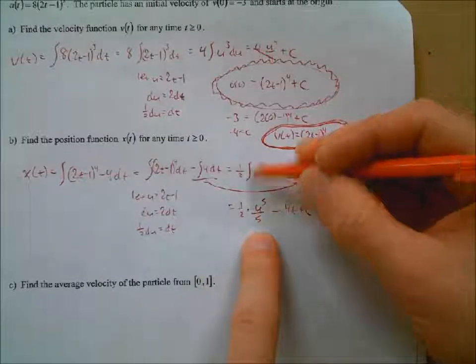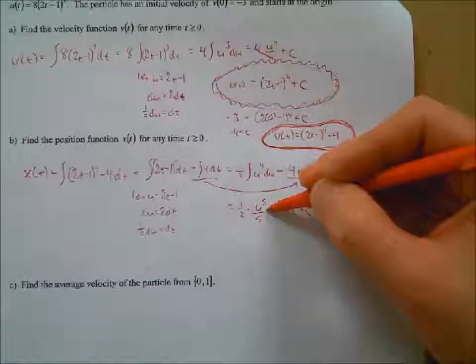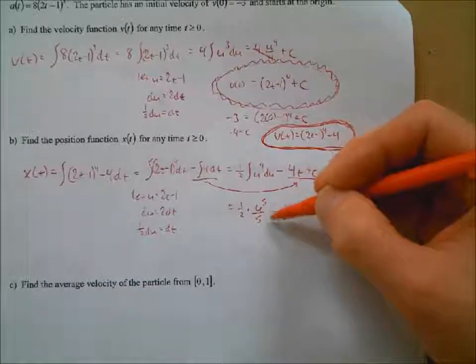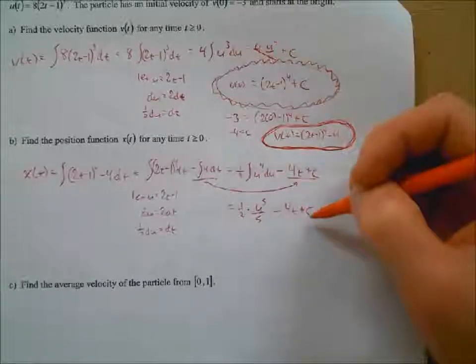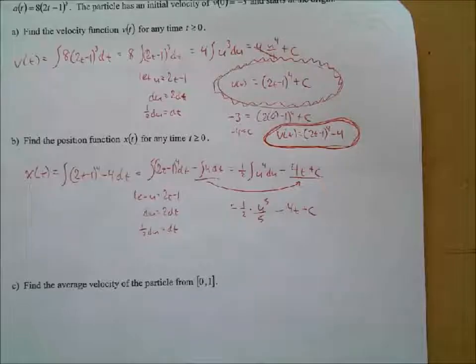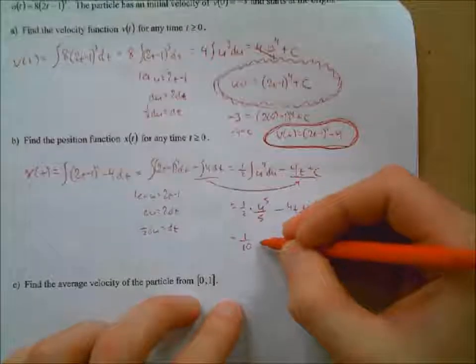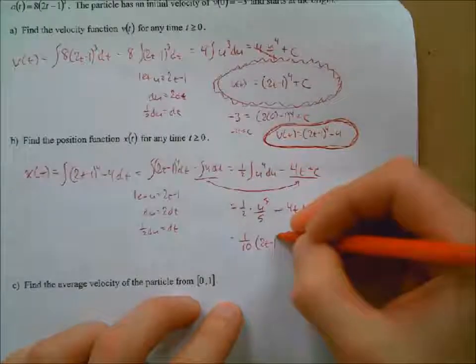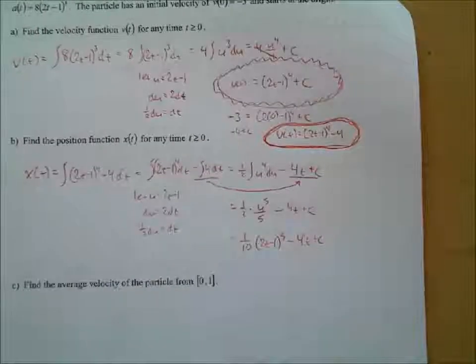We could put a plus c with the u integral, but we can consider it absorbed in with this plus c. You don't need to write 2 of them, even though we integrated 2 different things. We just combine those c's together. So we end up with 1/10 (2t minus 1) to the 5th, minus 4t plus c.